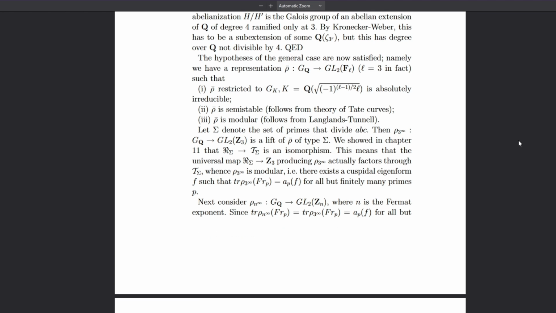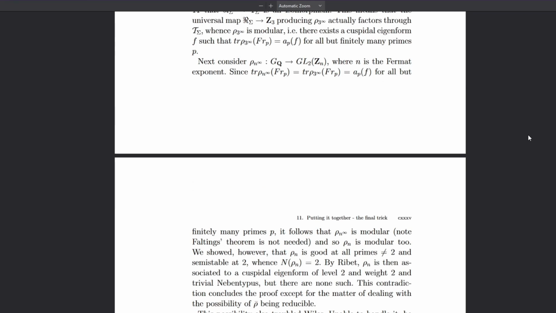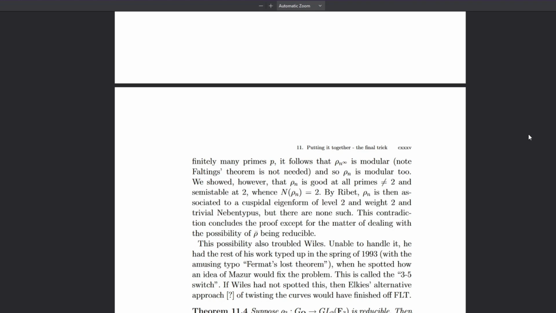Next, consider rho_n to the infinity from G_Q to GL2 Z_n, where n is a Fermat exponent. Since the trace of rho_n to the infinity of Frob_p equals the trace of rho_3 to the infinity of Frob_p equals a_p of f for all but finitely many primes p, it follows that rho_n to the infinity is modular.